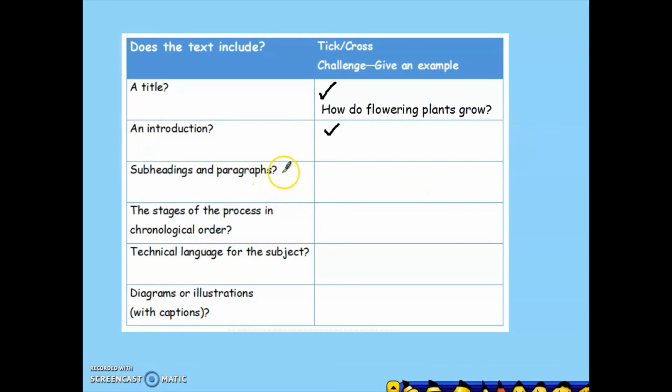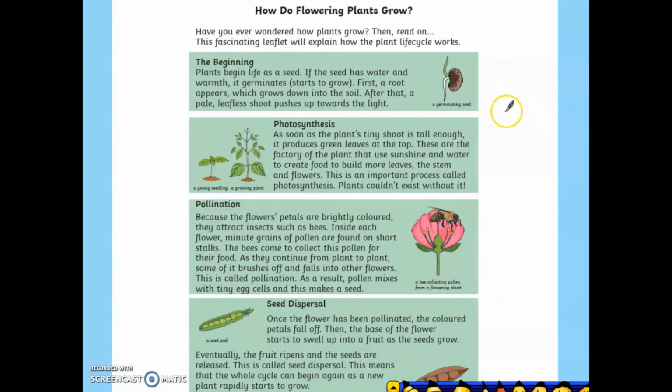Next feature of our information text we are looking for is subheadings and paragraphs. Can you circle the subheadings on your page? First one I can see is the beginning. And again, that is in bold.